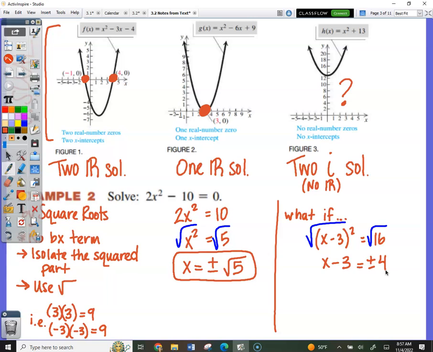Now you have two totally different equations, and to finish this, you would split it and say to yourself, okay, so one equation is x minus 3 equals 4, and the other equation is x minus 3 equals negative 4, and you would solve those. So in this case, x is 7 or negative 1.